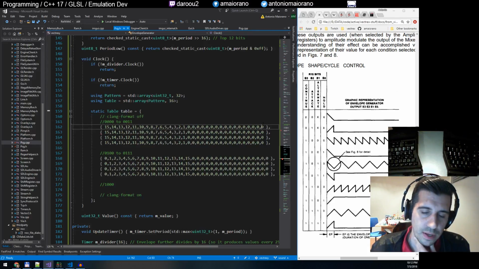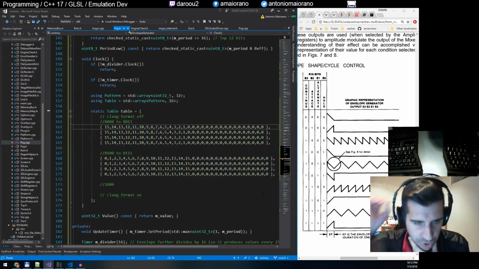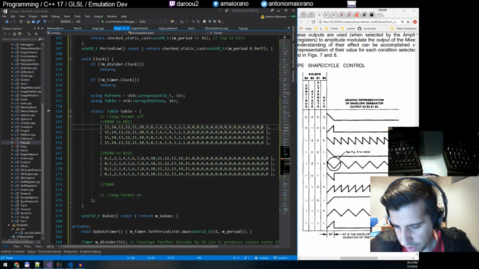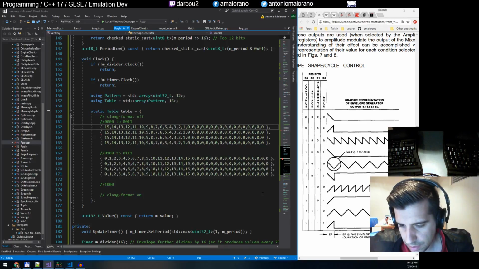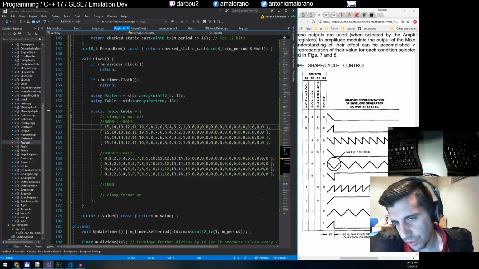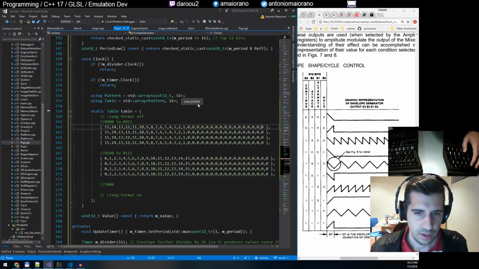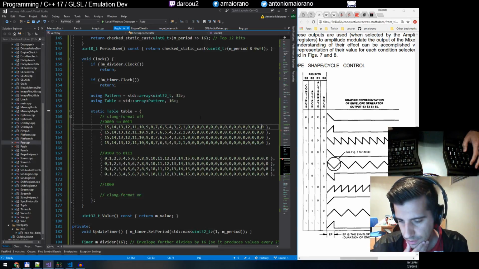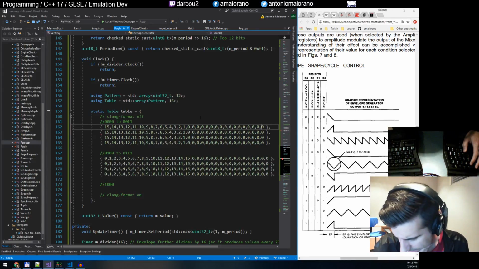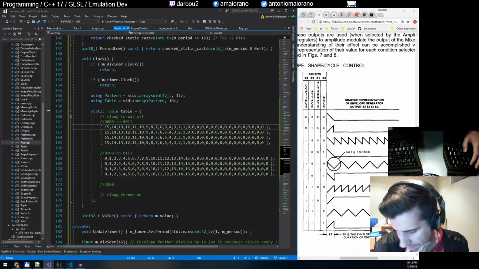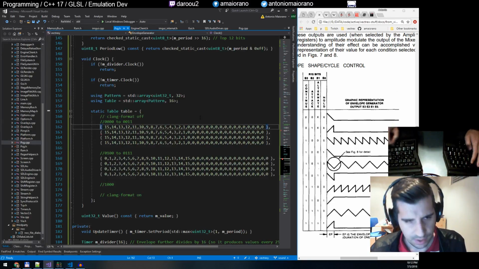Oh, right. I think it's because I have 32 values. Will this really be 32 values? Should be 31 values, right? Or is it 32? We were saying that it goes from 15 to 0, then 0 to 15. So it actually is 32 values. Yeah, there are 32 values. Getting confused.